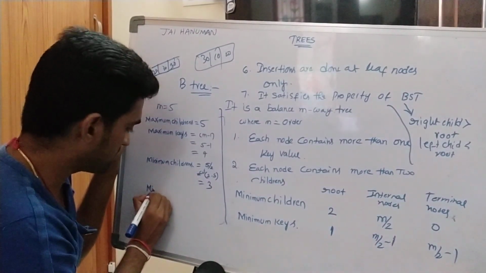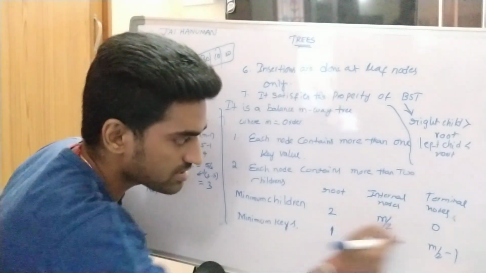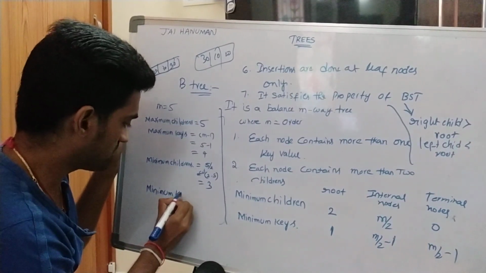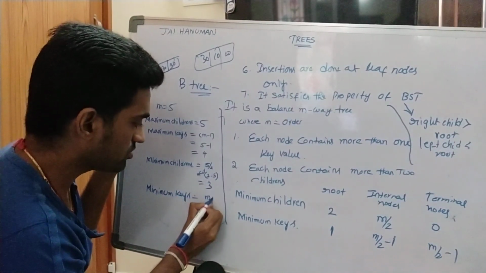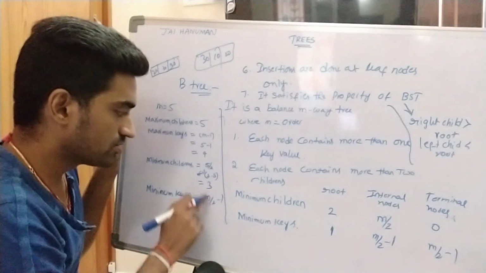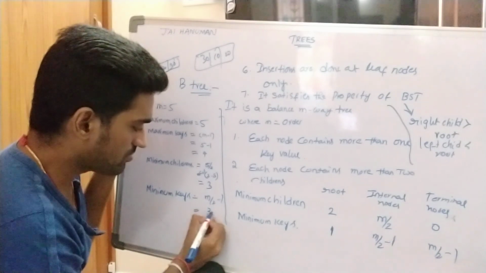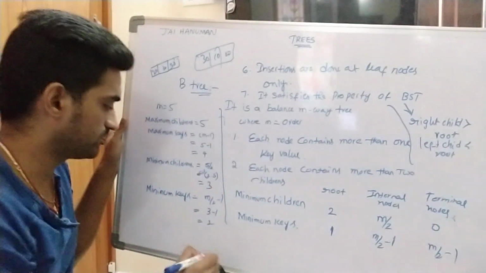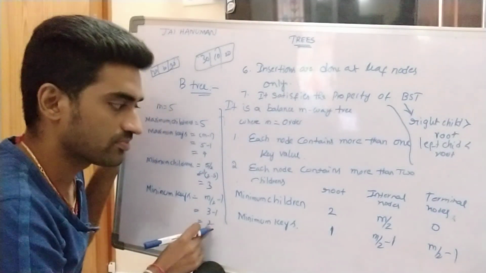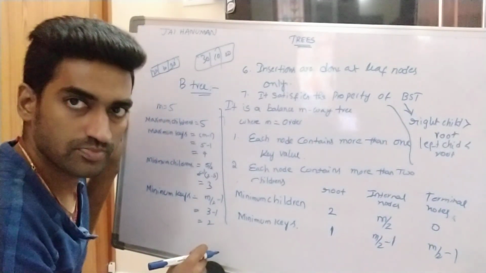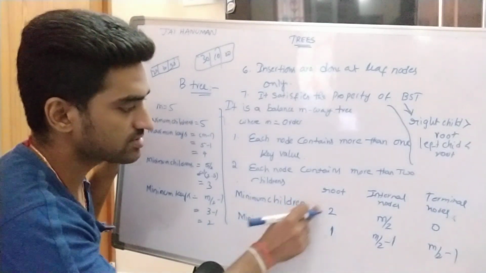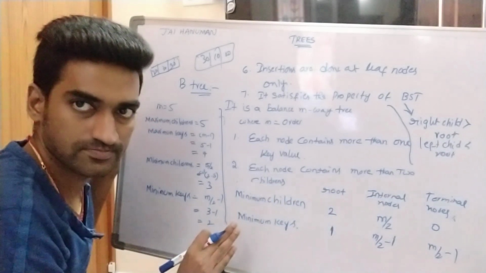Then minimum keys for internal and terminal nodes use the same formula, m by 2 minus 1. So 5 by 2 is ceil of 2.5, which is 3, minus 1, equal to 2. So minimum keys for each node is 2. The root node is an exception: minimum children are 2 and minimum keys are 1.